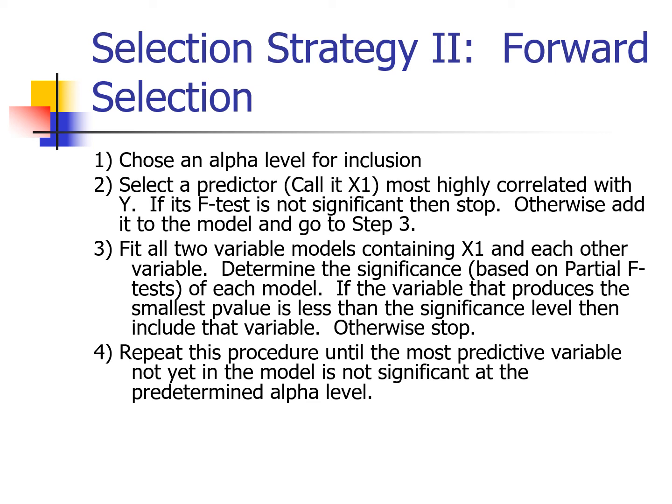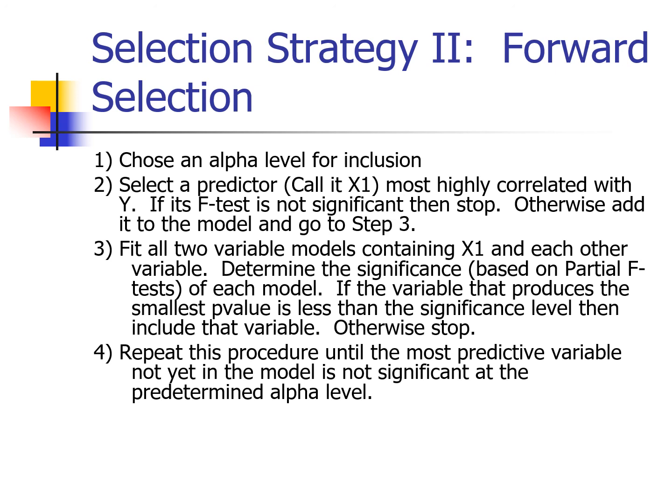What you're going to basically do is select the predictor that's most highly correlated with Y. If its F-test is not significant, then you stop. If our best variable is not significant, none of our variables are significant, there's nothing going on. However, if it is significant, we add it to our model and go to the next step. Now we fit all two variable models containing x1 and each of the other variables. We determine the significance of the second variable based on its partial F-test.